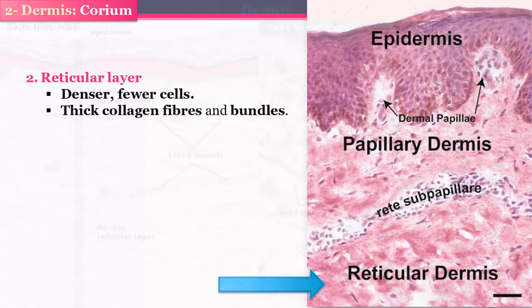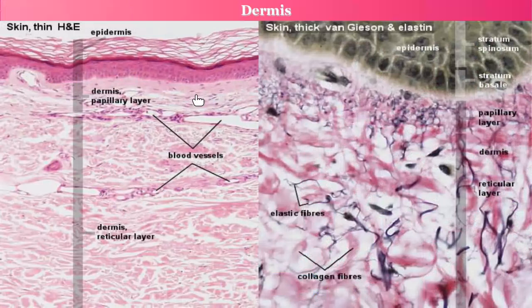See here, the next slide. Here I am showing you the difference between thick skin and thin skin. On your left hand side is the thin skin, whereas on your right hand side is the thick skin. Focus on the left hand side. Where I am showing you the pointer is the basement membrane and above it is the epidermis.